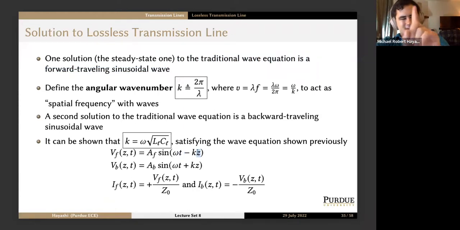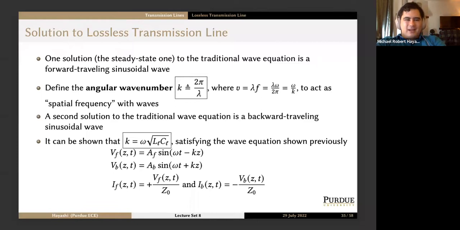If you were to freeze at one position along the transmission line and look at everything that goes past you in time, you would notice sinusoidal oscillations. Now, if you were to freeze the picture in time and analyze what happens across the transmission line, you would see sinusoidal patterns.